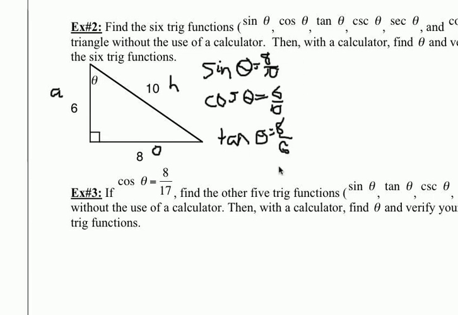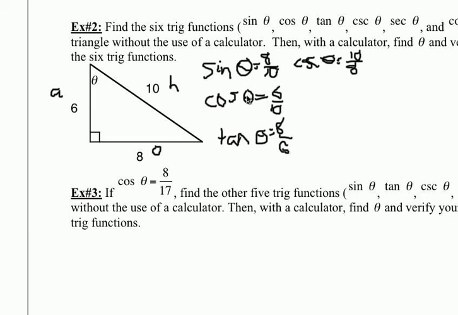To find the remaining trigonometric functions, I simply need to take the reciprocal. So the cosecant of theta is simply going to be the reciprocal, so 10 over 8. Likewise, the secant would be the reciprocal of cosine, so it would be 10 over 6. And finally, the cotangent would be the reciprocal of tangent, which would be 6 over 8.